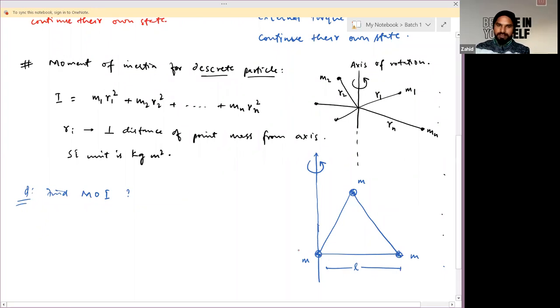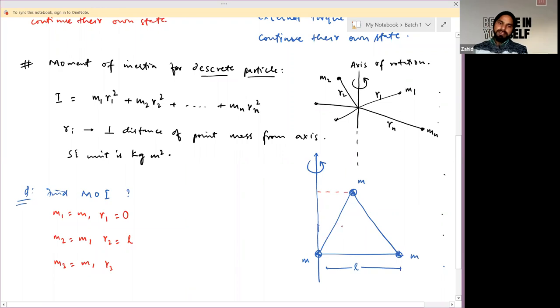Let's say this particular block is at the origin, so its perpendicular distance from the axis will be 0. Mass m2 is m, and its perpendicular distance from the axis is L. Mass m3 is m, and its perpendicular distance from the axis will be this.